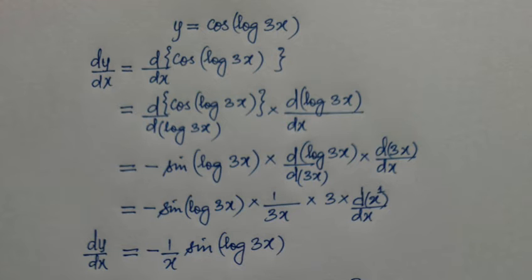So now your first order derivative will be minus 1 upon x sine of log of 3 times x. So this is the first order derivative.